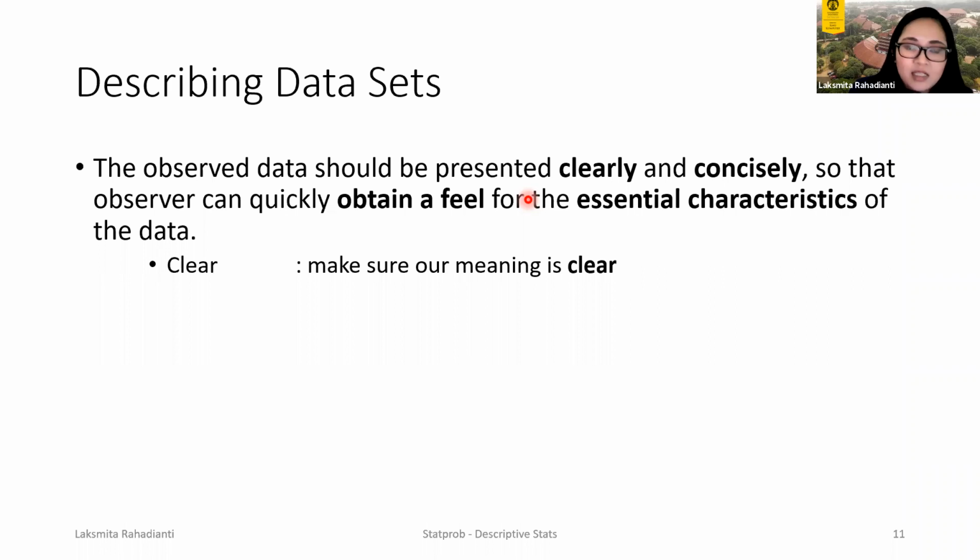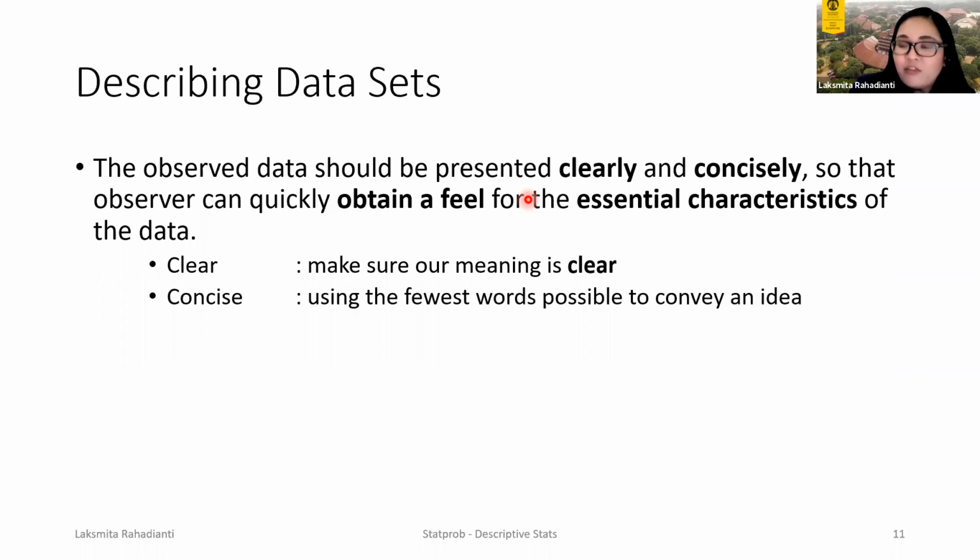I looked it up. It just means that you need to make sure that what you're intending is clear, what your meaning is clear. Concise is not verbose. Use the fewest words possible to convey your idea or your intention or your data. So I could sit here and talk to you about the heights of students in the international class 2020.